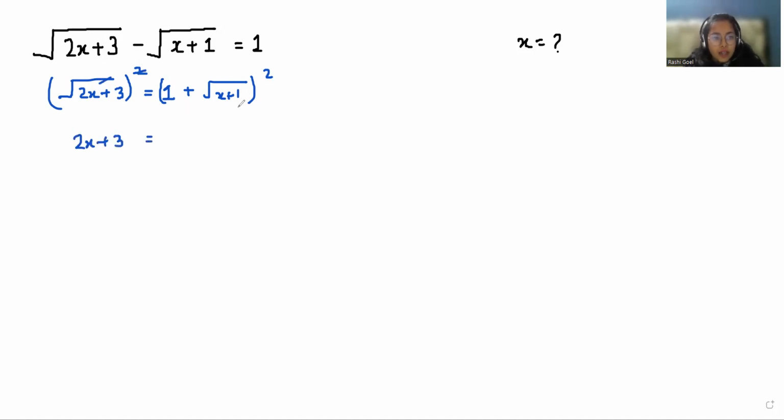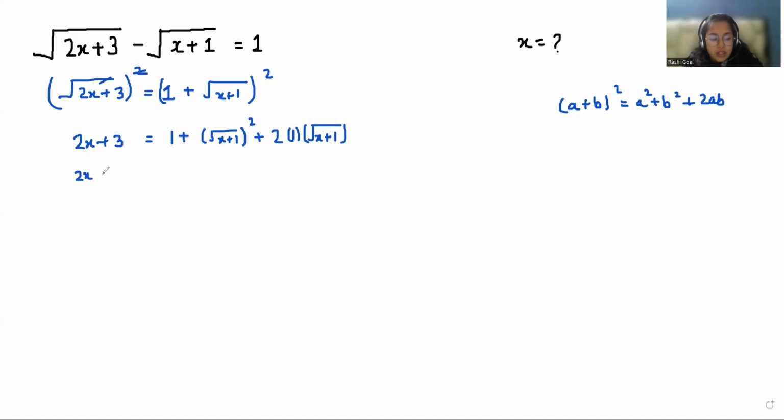And on the right hand side, we can use a very famous identity, that is (a plus b) whole square equals a square plus b square plus 2ab. So we can write this as 1 square is 1 plus b square is under root x plus 1 whole square plus 2 times of a and b.